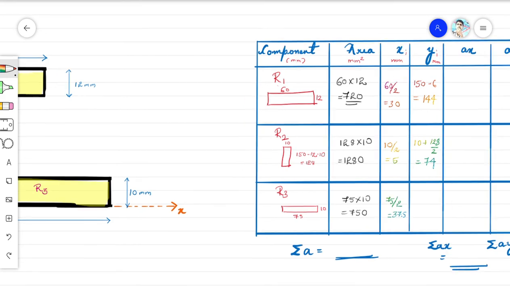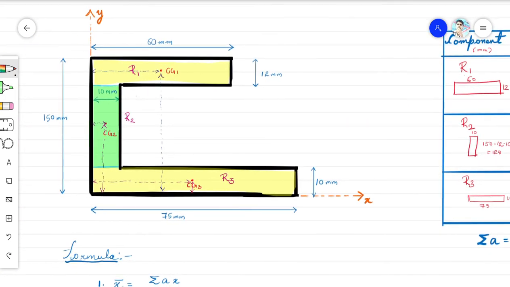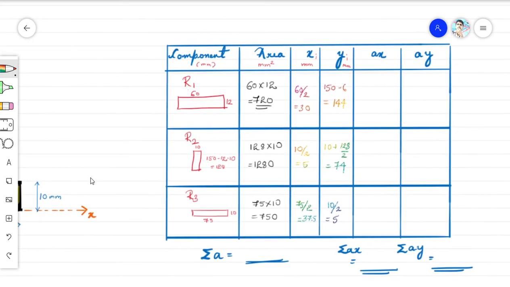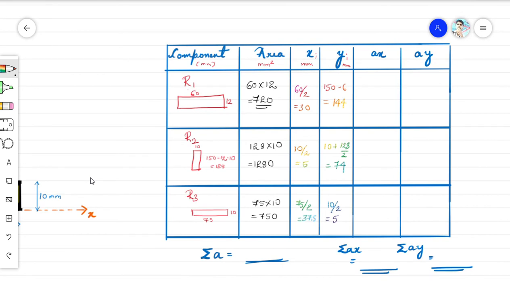And the last one is this, and this distance is 10 by 2, which is 5.